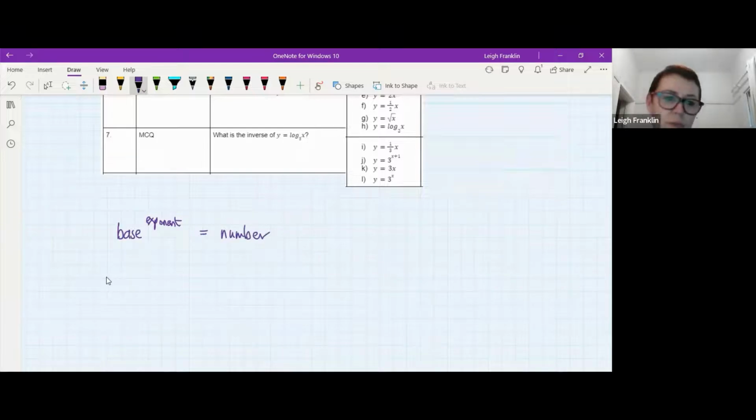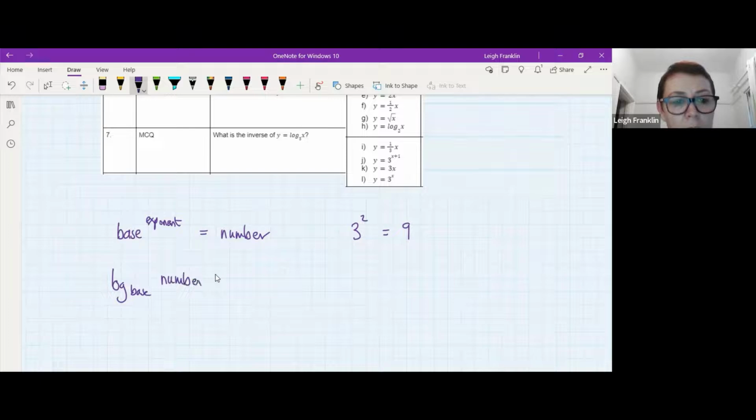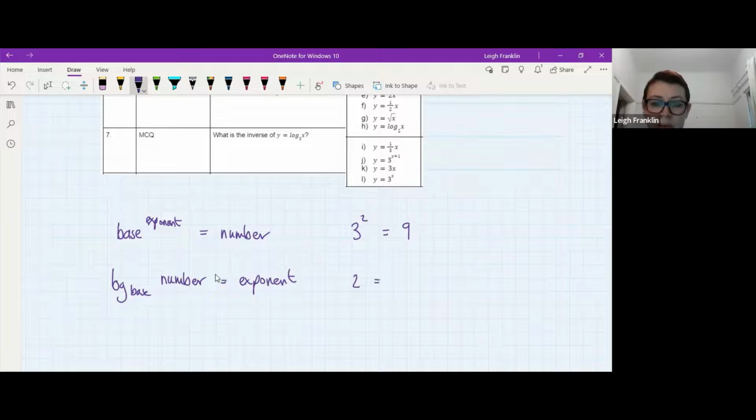For example, 3 to the power of 2 equals 9. Now, when I work with logs, I've got log, base, number, equals exponent.